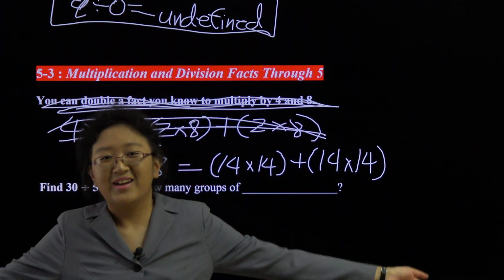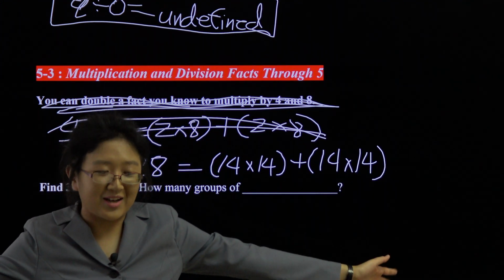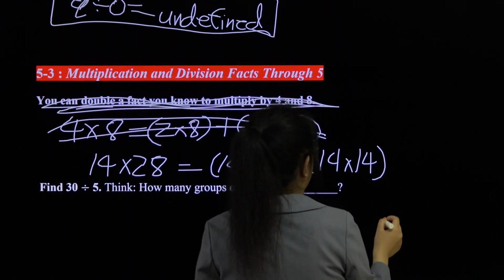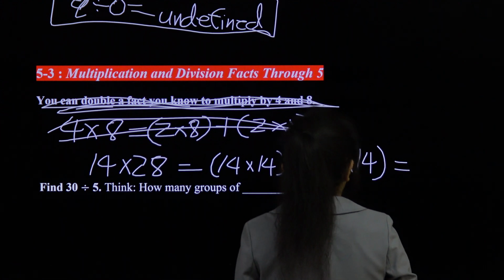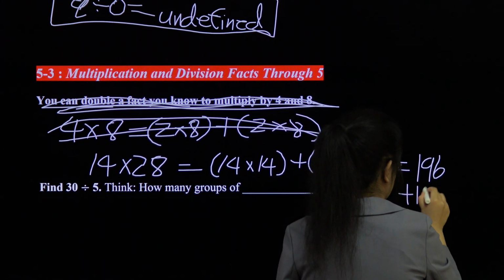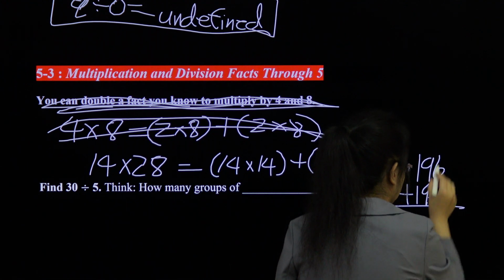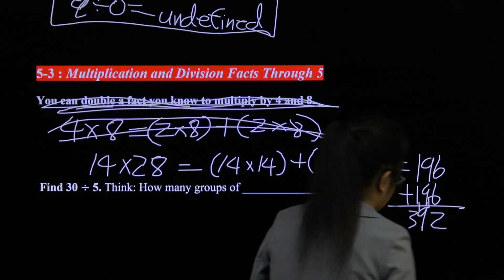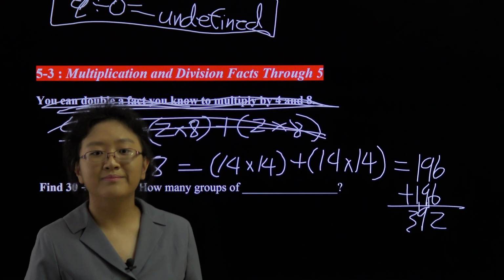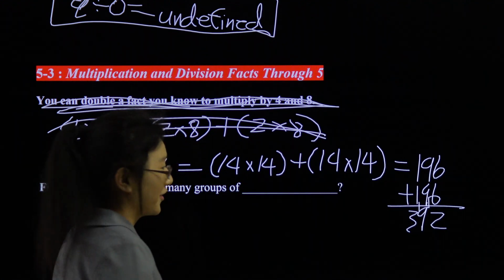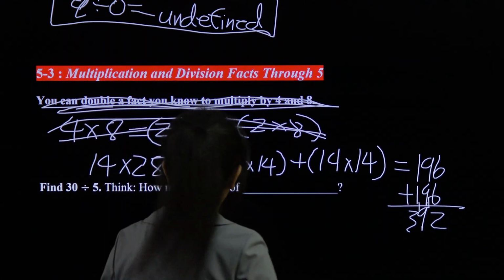Well, by the time you're a certain age and you've done enough math problems, you remember what 14 times 14 is. So 14 times 14 plus 14 times 14 equals 196 plus 196, which is equal to 392. The effects of too much math on the brain.